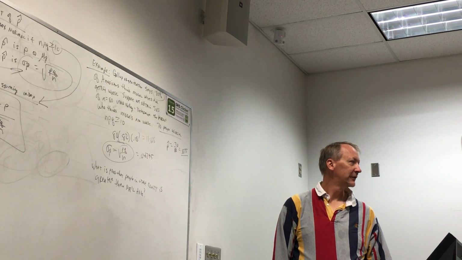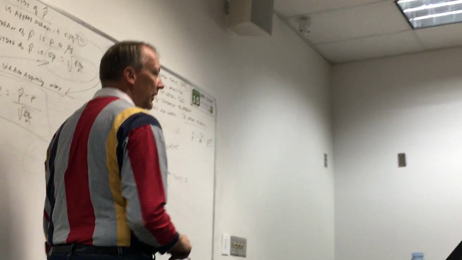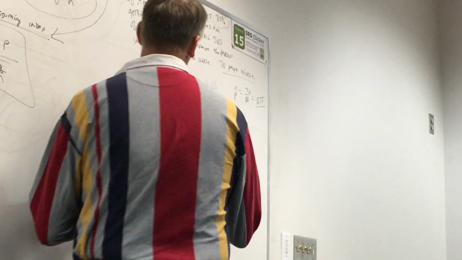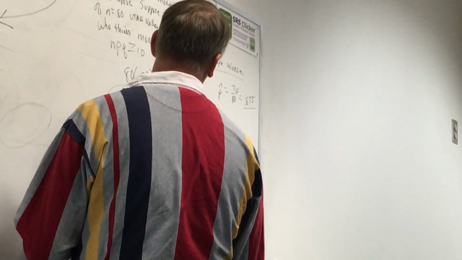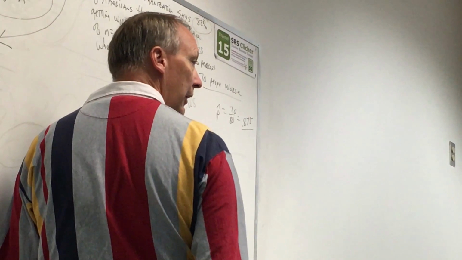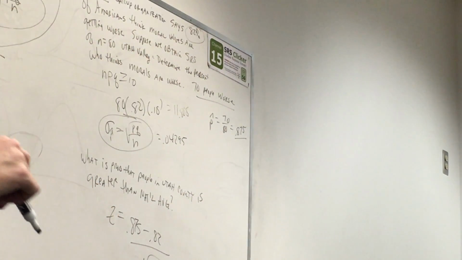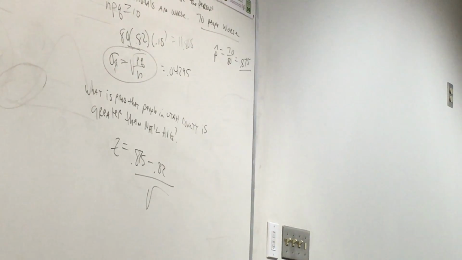Exactly right. Find the z-score. So z equals 0.875 minus 0.82 over. Now here's the question, do I use 0.82 or 0.87 here? 0.82, okay? Pay attention to your thing here.